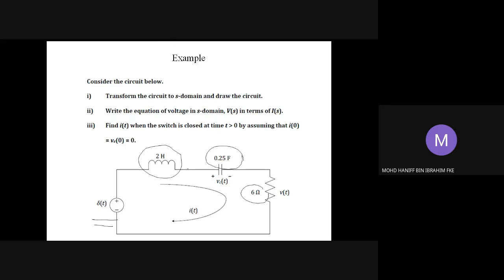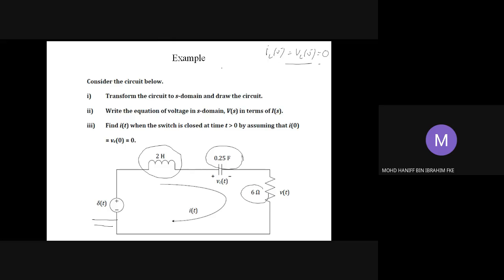As such, we can assume that both of them are 0. The initial current for the inductor and the initial voltage for the capacitor are both equal to 0. That should be our assumption.